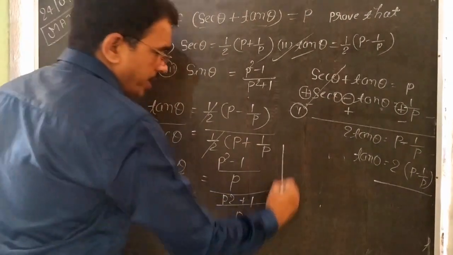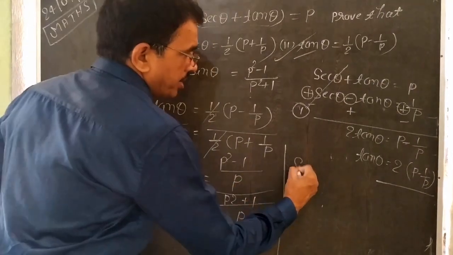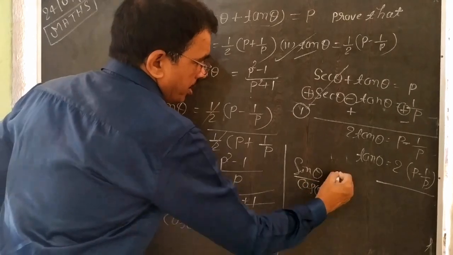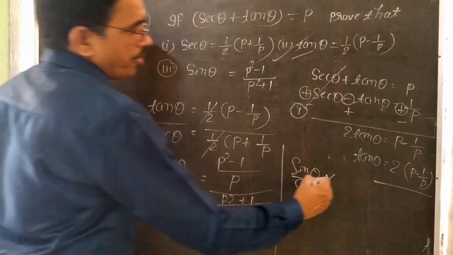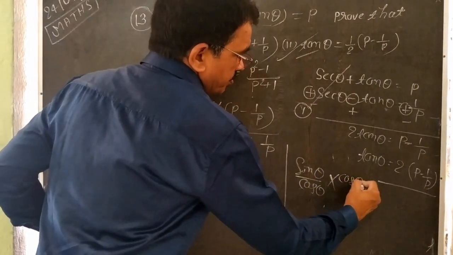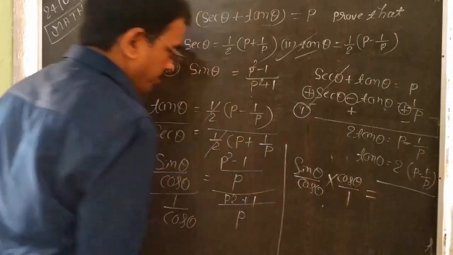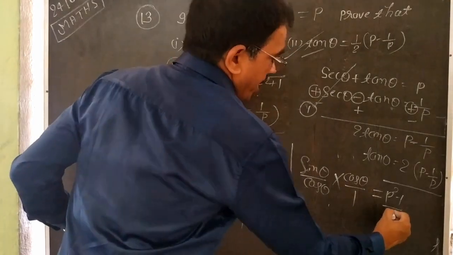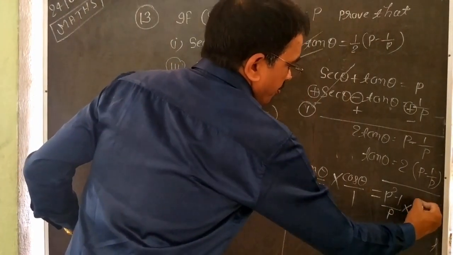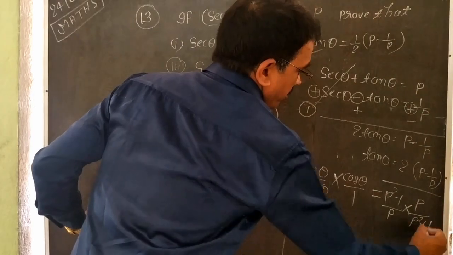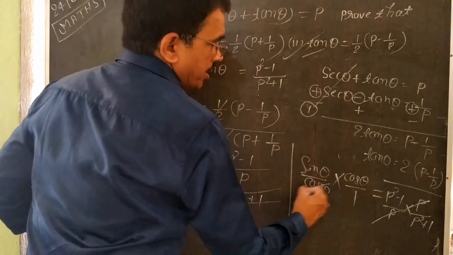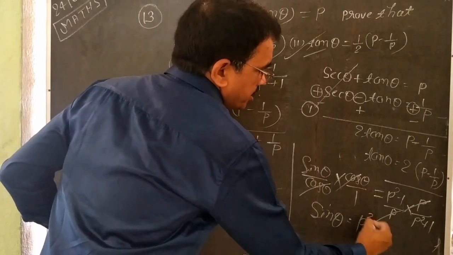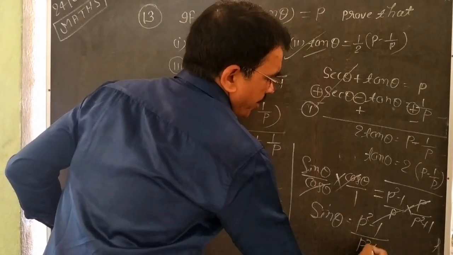What you get here is sin theta by cos theta into cos by 1 is equal to p squared minus 1 by p into p squared plus 1. Cos cancels, then sin theta is equal to p squared minus 1 by p squared plus 1.